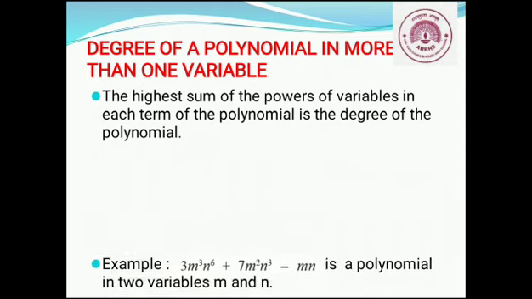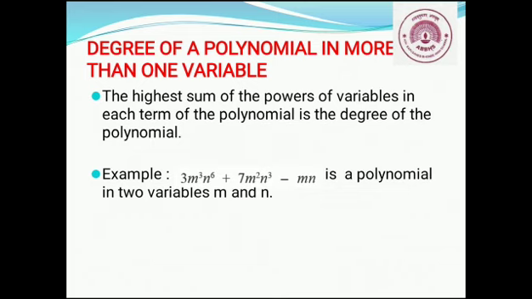Example, 3m cube n raised to power 6 plus 7m square n cube minus mn is a polynomial in two variables m and n. For the first term, 3m cube n raised to power 6, the sum of powers of m and n is 3 plus 6, which is equal to 9.